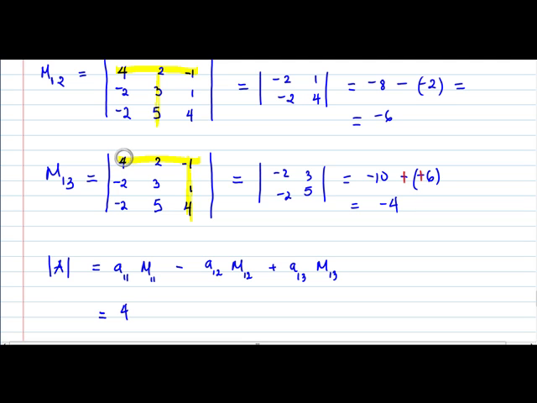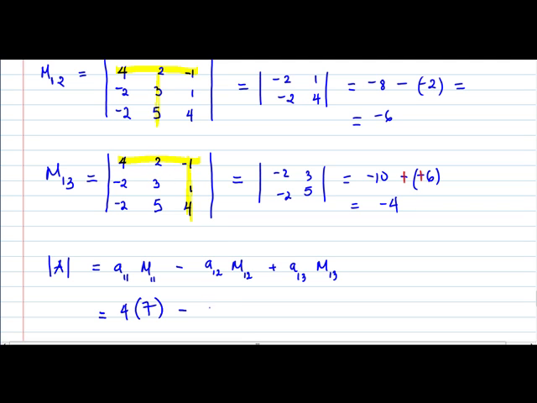This is the entry of first row, first column right here. This guy is 4, times the minor of that, will be 7, minus the entry of first row, second column right here.